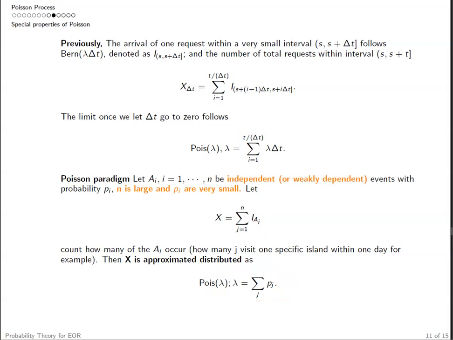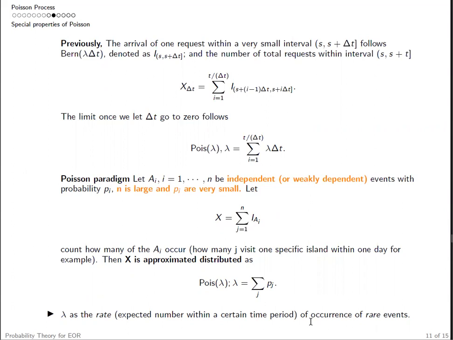This is very useful in practice, especially in actuarial science, because here we are describing the number of occurrences of very rare events. So in actuarial science, it's very useful to use the Poisson distribution to approximate, for example, the number of car accidents or health issues, right? Those are rare events.